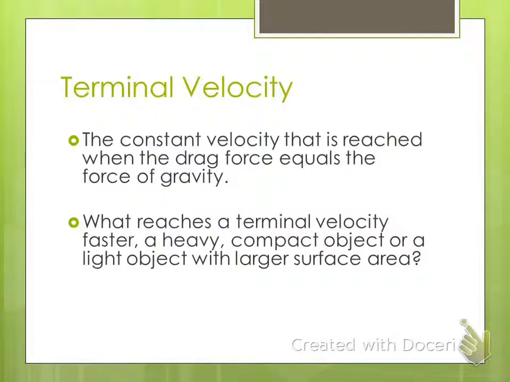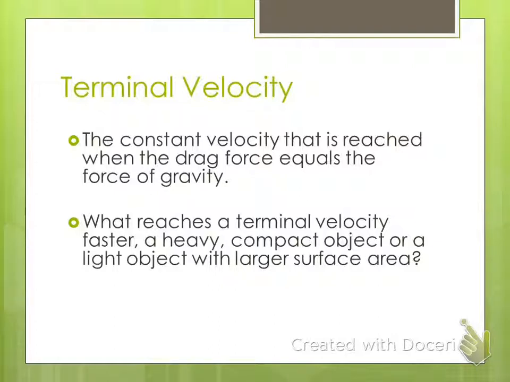If I take a paper ball that's rolled up or a sheet of paper and I drop both of them, which do you think will stop accelerating first? The sheet, right? My sheet has much more surface area, which means it allows for air resistance force to push up on it in multiple places. So as I drop both of these objects, my paper ball will continue to accelerate as it falls down for a longer period of time.